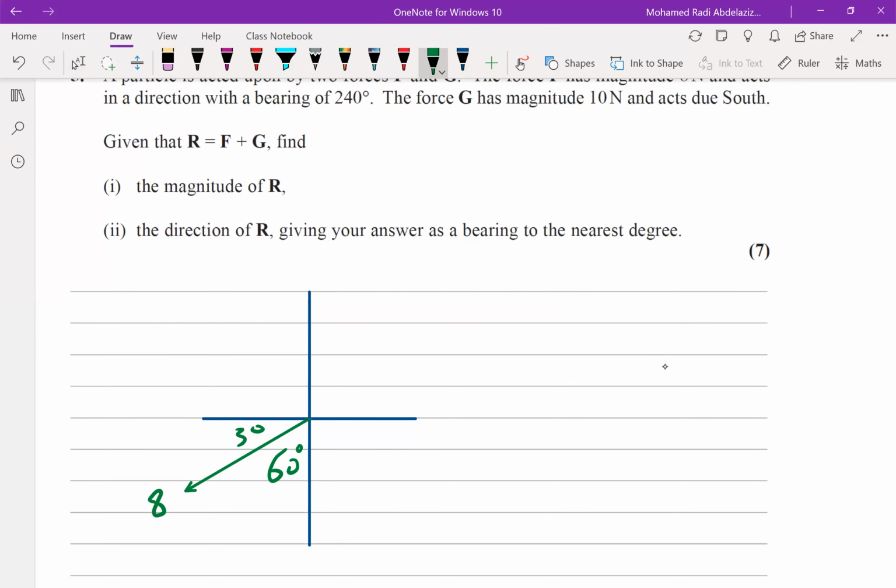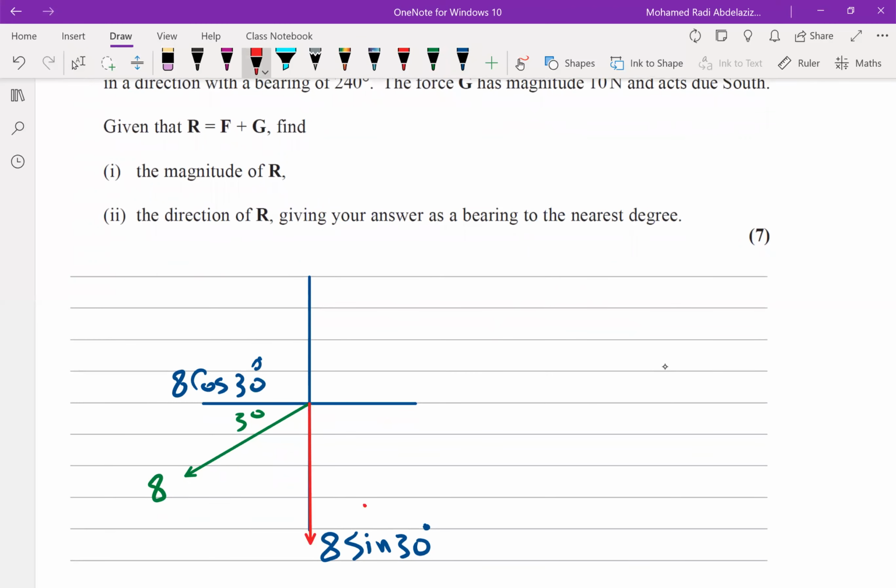This force is 8. By using the resolving method, whether 60 or 30, if we use 30, the components will be 8 cosine 30 and 8 sine 30. For the second force, which is 10 in this direction, it's already 10 Newton in this direction.